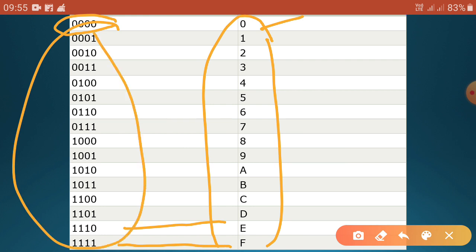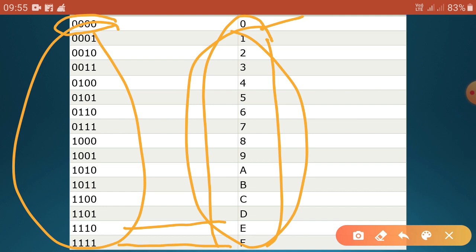All these are the binary numbers and all these are the hexadecimal numbers or symbols. So if we ask you what A denotes, A represents 1010 in binary.